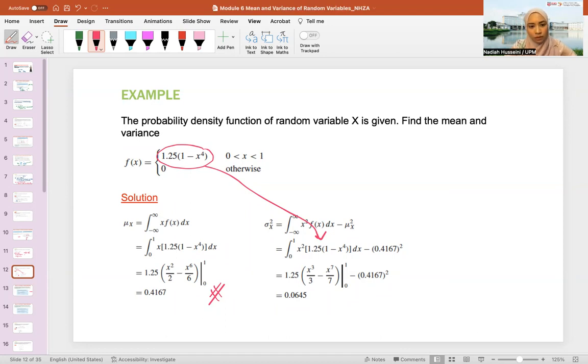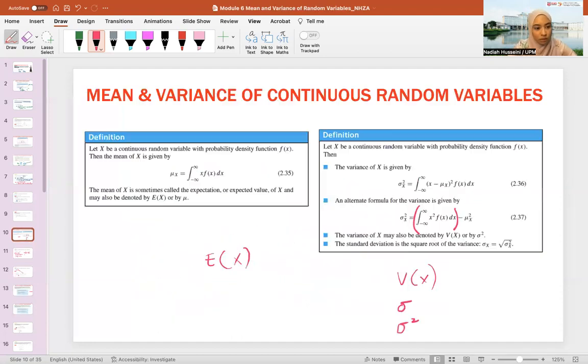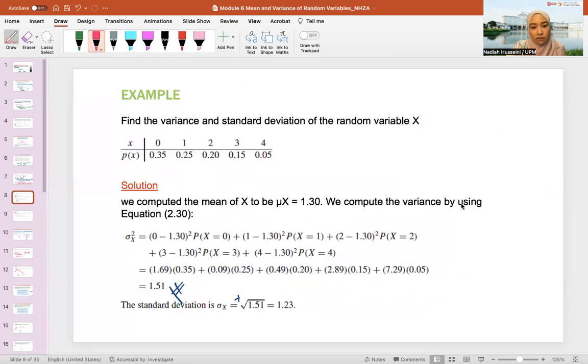One thing to note is there's an alternate equation. In the alternate equation, you have to take note that when you have this minus mean, consider everything else in a bracket. Same case for the discrete.